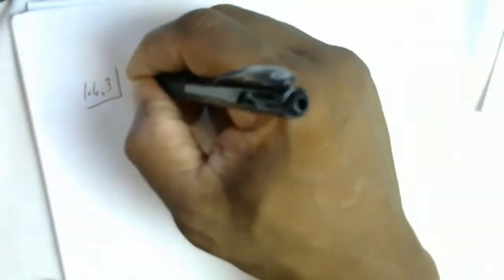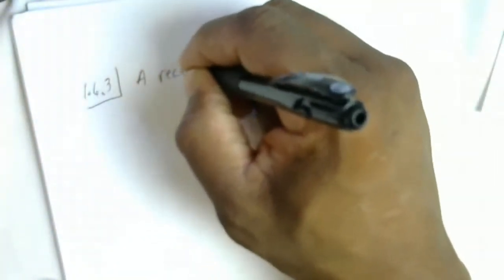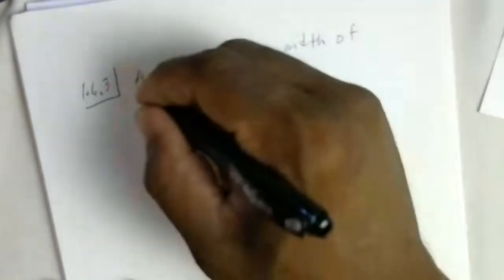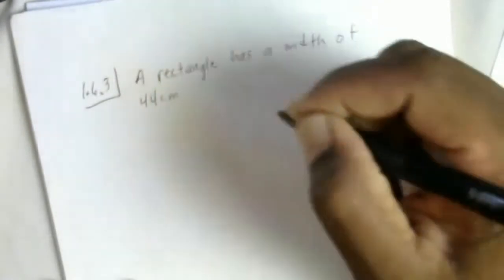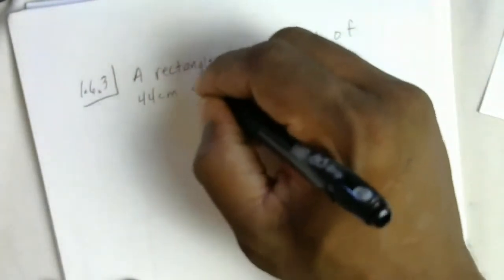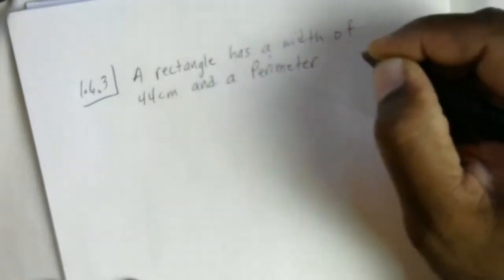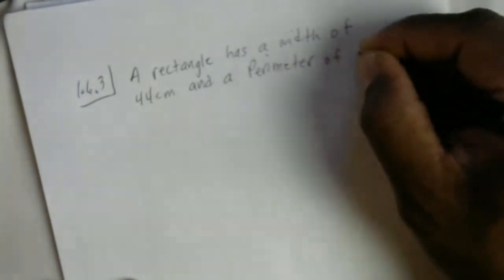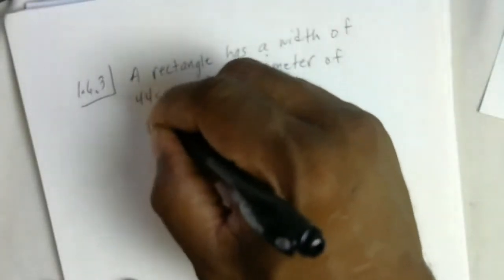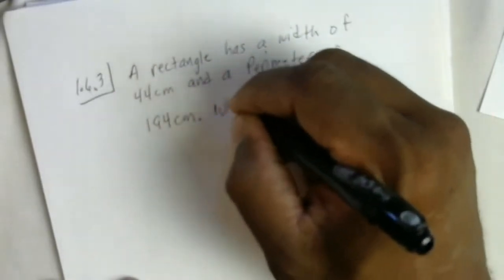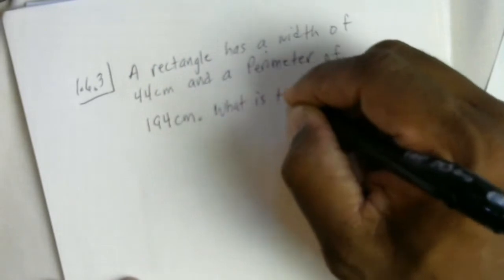And it reads as follows: a rectangle has a width of 44 centimeters and a perimeter of 194 centimeters. What is the length?